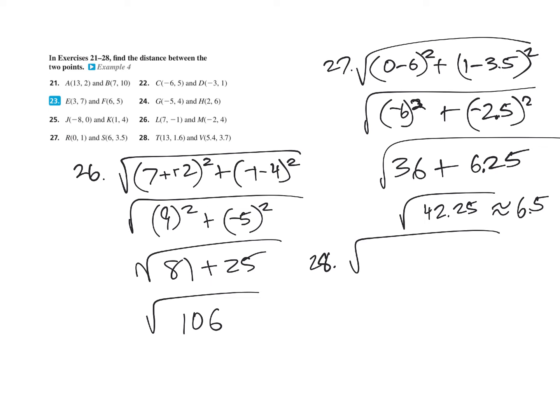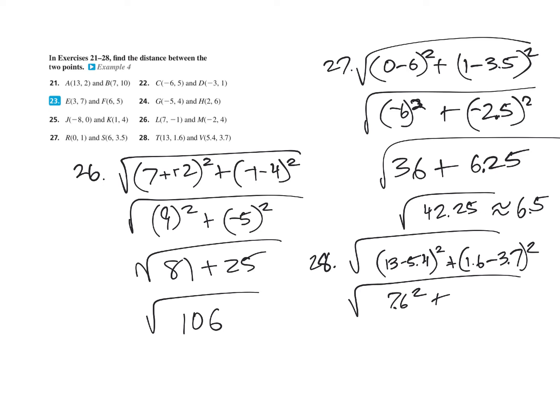is the square root of 13 minus 5.4 and 1.6 minus 3.7. All right, so now let's use our calculators. 13 minus 5.4 is going to be 7.6, and you got to square it. And 1.6 minus 3.7 is going to be negative 2.1, and you're going to square that, make it positive.